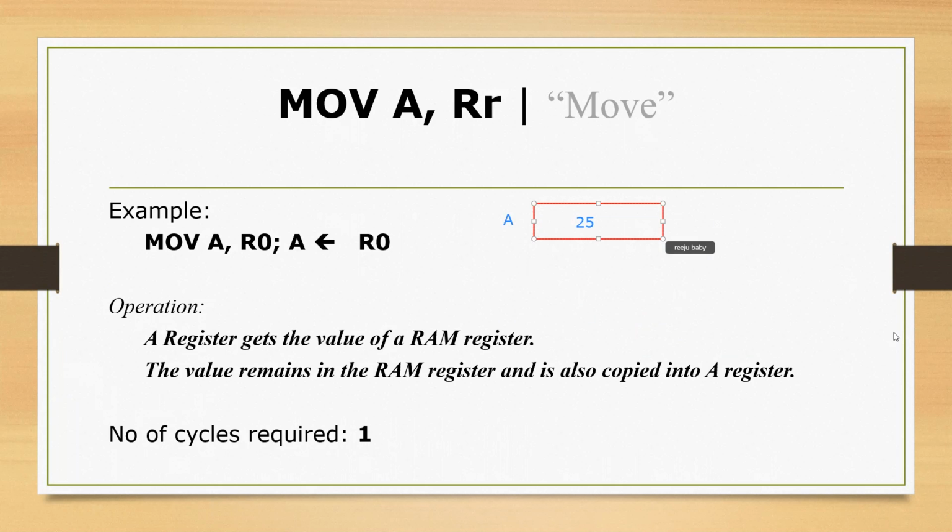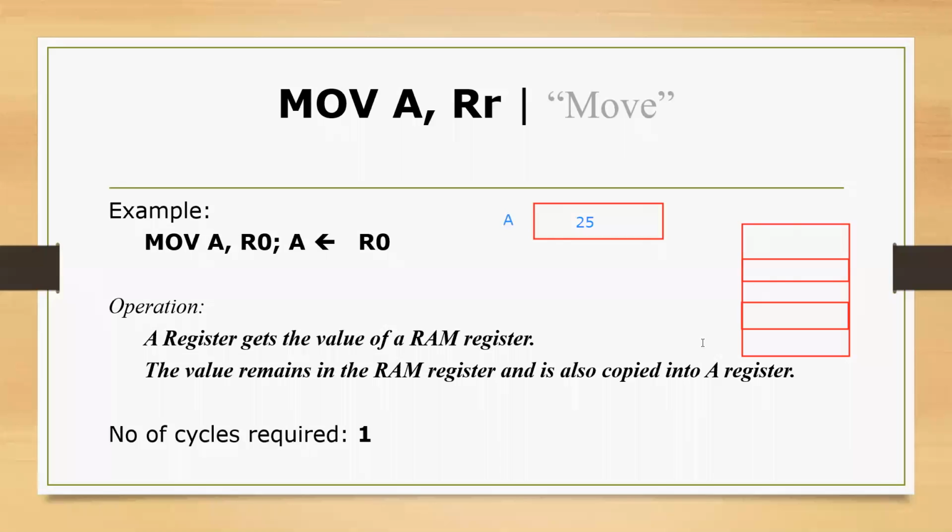So we have registers, let it be R0. The R0 register may contain some value, let it be 30 hex.